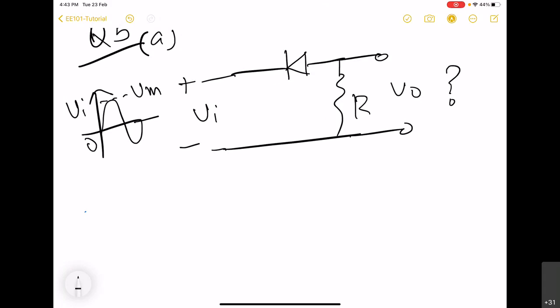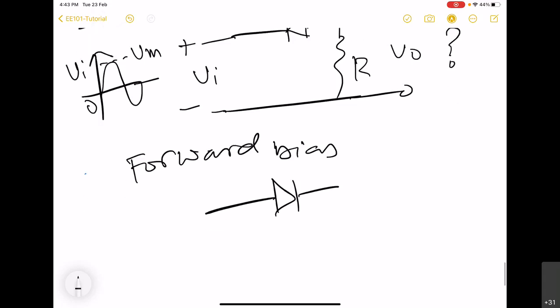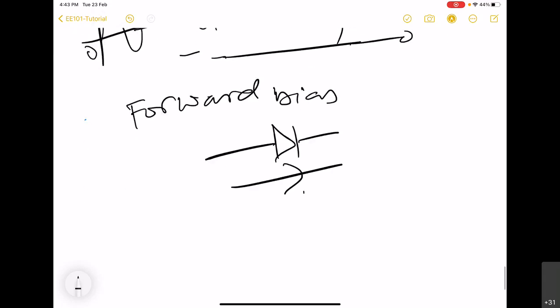Whenever we have a voltage across the diode in the direction of the arrow, suppose the voltage is such that this one is at higher potential and this is at lower.